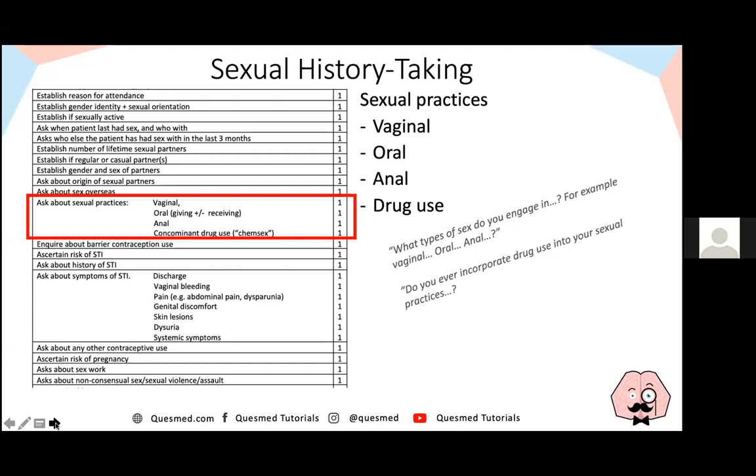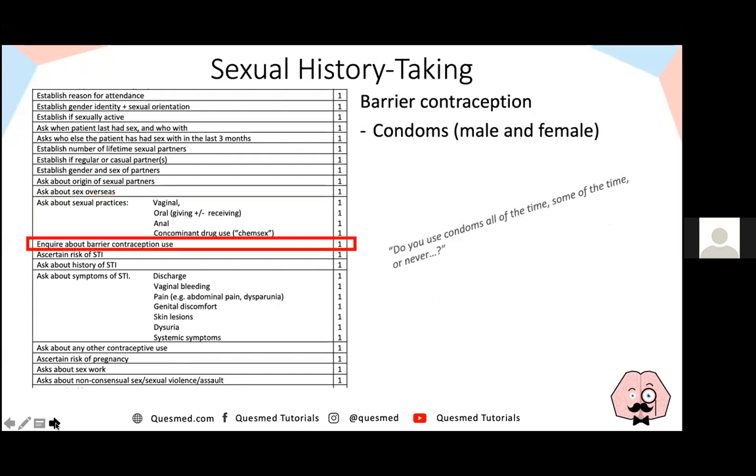I also ask about drug use at this point. So you may have heard of the practice called chemsex, whereby groups of individuals take drugs and have sex. And that's a risky practice because barrier contraceptions are often not used, and people can have reduced inhibitions when they're under the influence of drugs, leading to risk-taking behaviours. And we do always ask specifically about condom use.